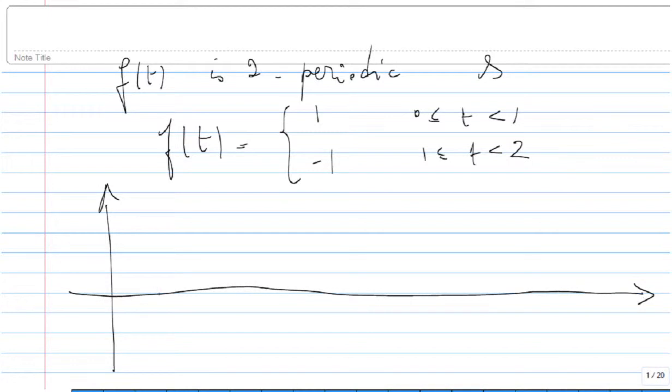So here we have 1 and minus 1, and it keeps repeating itself. So this is of course 2, this is 1, this is 2, 3, 4, etc.